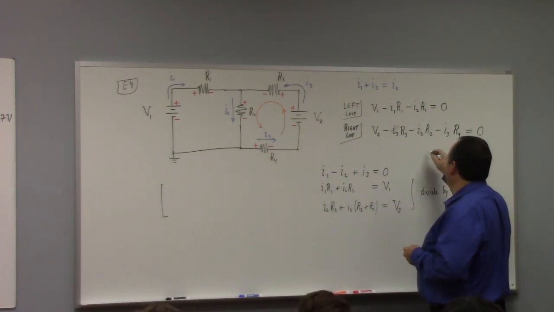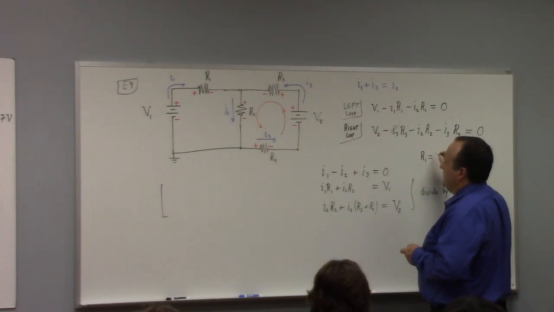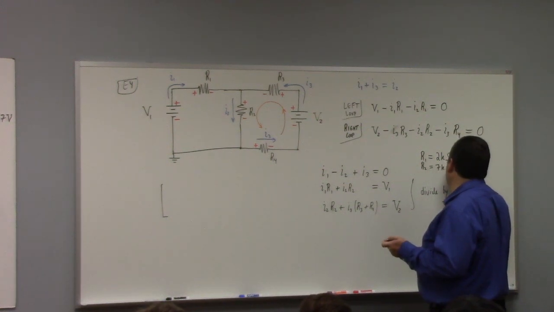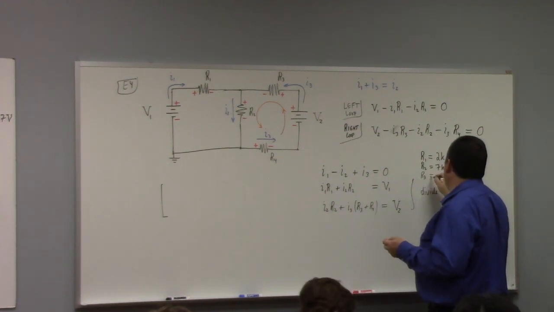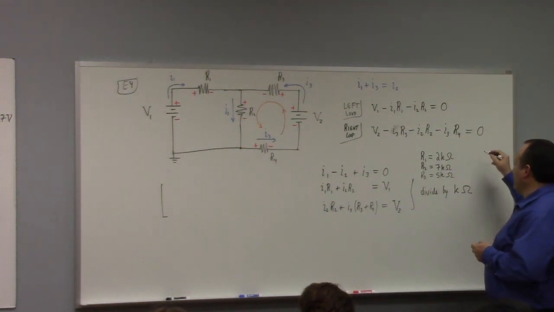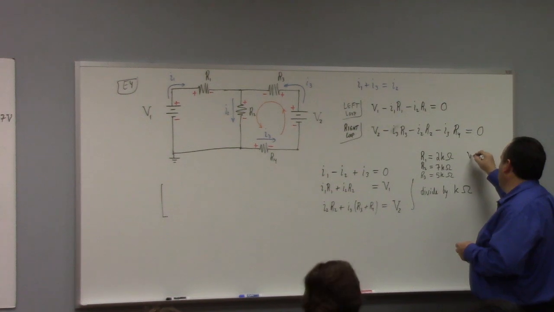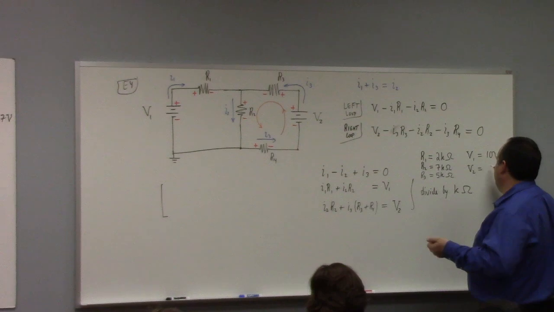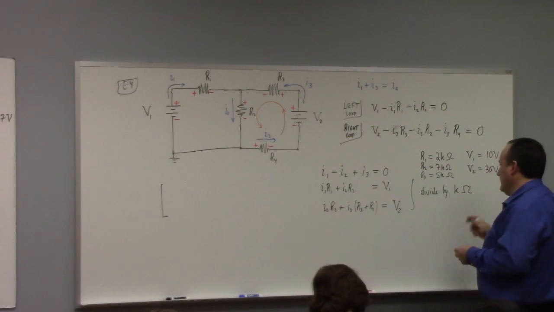So for the sake of specificity, let's suppose that R1 is 2 kilo ohms, R2 is 7 kilo ohms, and R3 is 5 kilo ohms, right? Let's let V1 be 10 volts, and we'll let V2 be, what do you guys want? 30 volts, whatever.